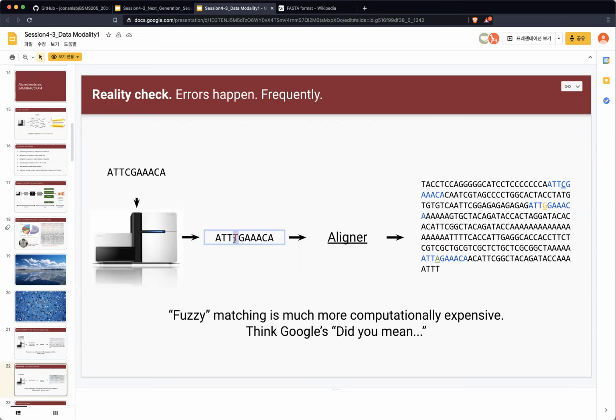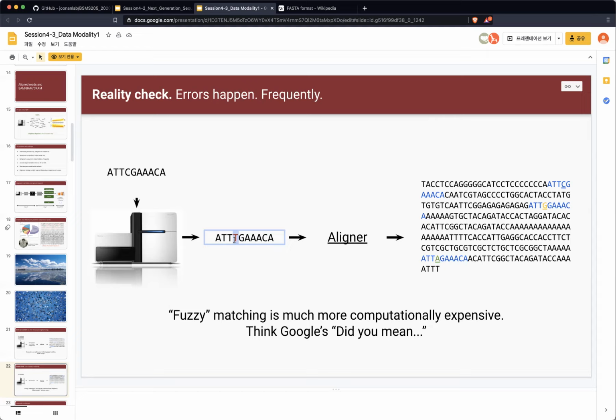So think about the situation when you do Googling, right? If you have very sharp, very well operating fingers, then you can type correctly, right? But in my case, I'm always in a rush, so most of the time my typing is wrong. And Google gives me, did you mean this, right?